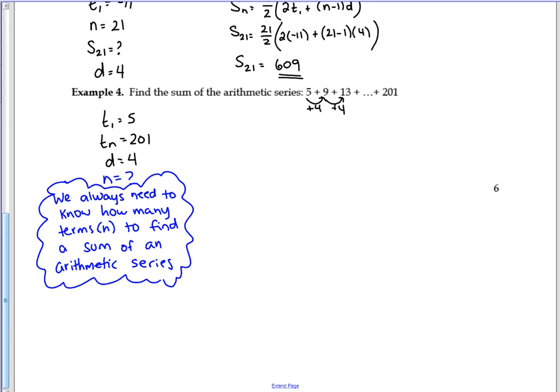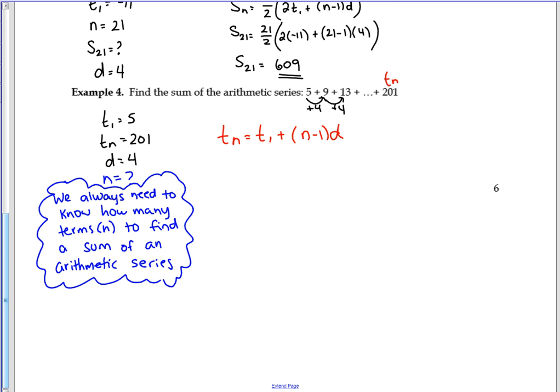So that's where we have to go back to our skills from the previous days and the original formula. We have to figure out what term number is 201. How many terms are in this sequence? We know our last term, so we can figure out n, right? But we have to go back to this formula before we can use the sum formula.